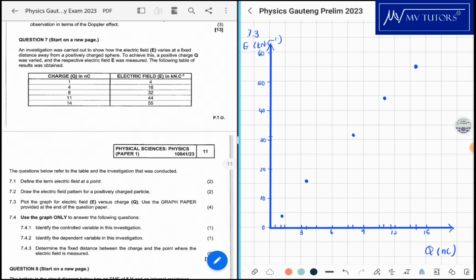Alright, and now we can draw a straight line, or the line of best fit. I tried. Okay, let's try that again. You'll have a ruler with you, so that should work out fine. Okay, I think it's fine.